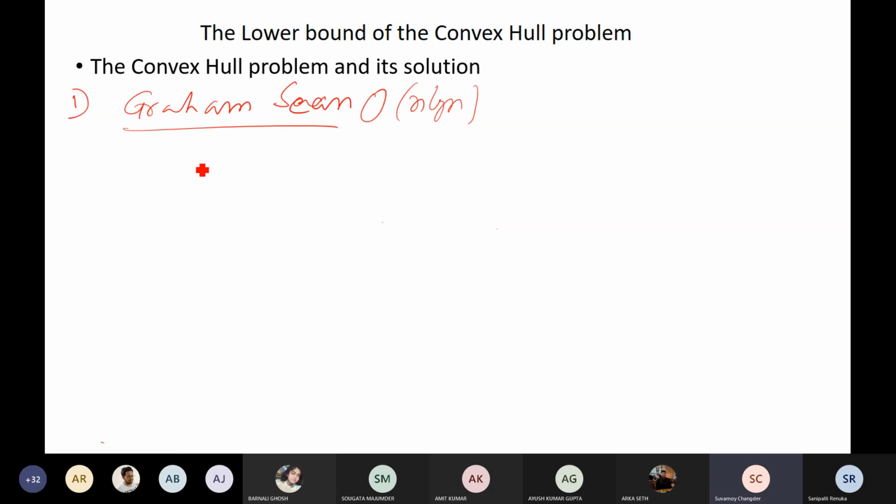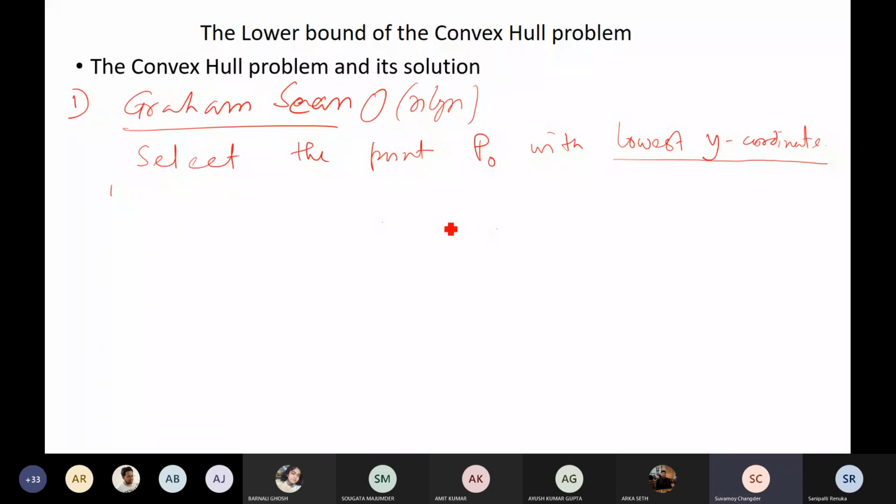First, we will select one point, let P0, with the lowest y coordinate. So first we will find the point whose y coordinate is the lowest among all the points.